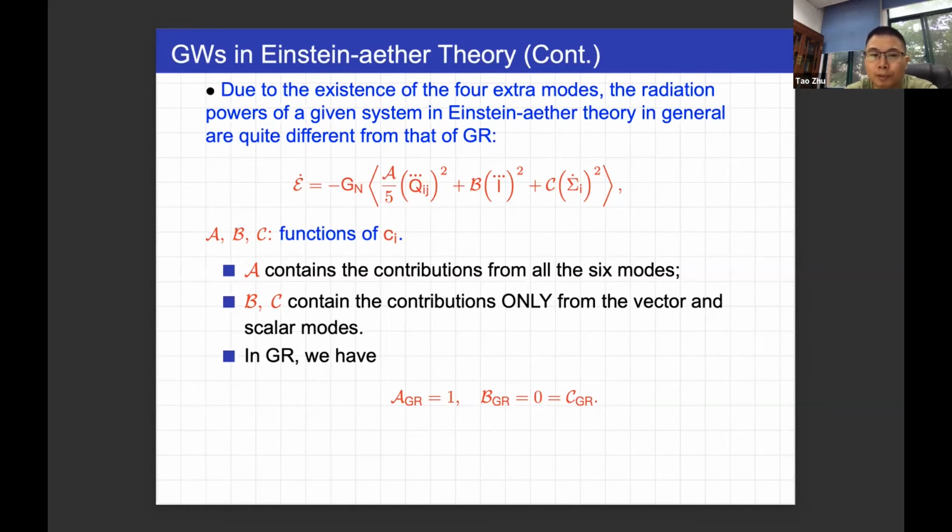As you can see from these expressions, the coefficients A, B, and C are functions of the coupling constants c1, c2, c3, and c4. From this expression, one observes that the coefficient A is different from that of GR, and the terms with B and C are new contributions from the Einstein ether server. So it's quite different from that of GR.